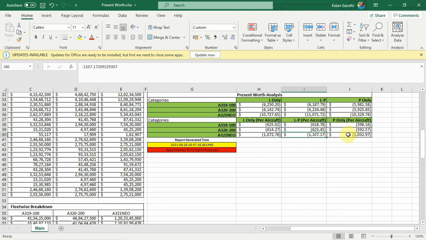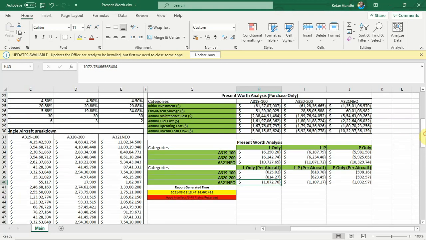This was for the purchase only, and then this is for the lease only. It's 276,000 for A320 Neo. We are just looking at the A321 Neo.